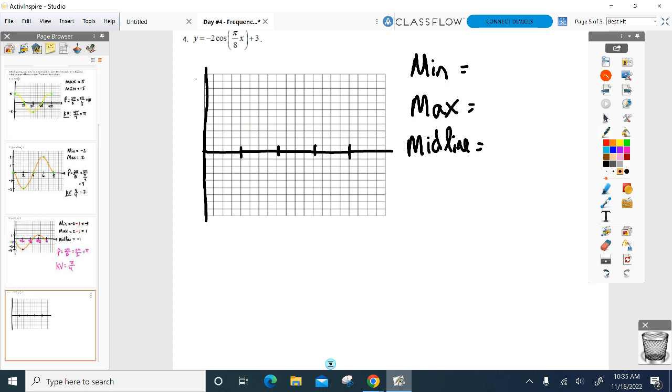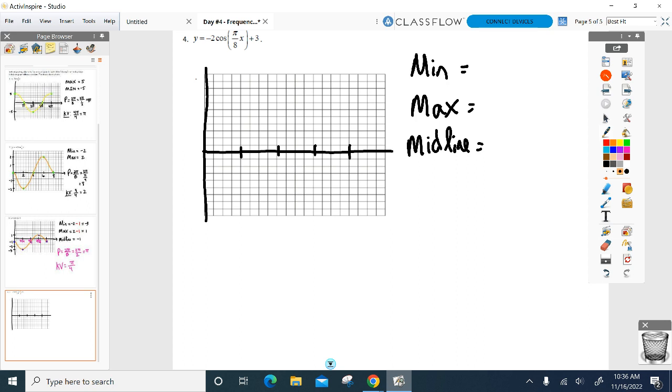Ready for the minimum. Before I shifted up 3, Tim, what was the minimum? -5? Not there yet. Before I did the +3. What number's out in front of the cosine? Negative 2.